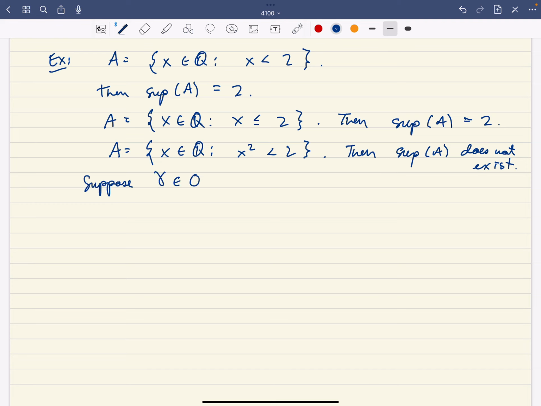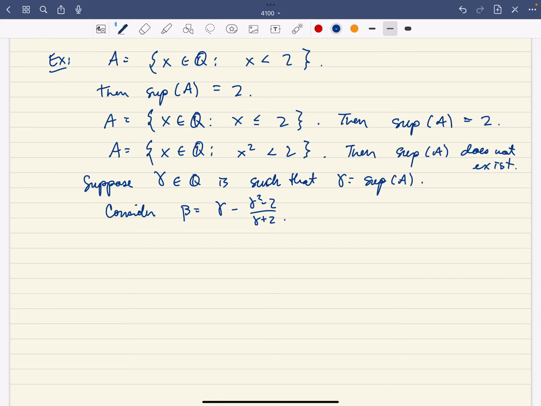gamma is the supremum of A. So let's say gamma is a supremum of this set and gamma is rational. Then what we could do is consider the number beta, which would be gamma minus gamma squared minus 2 over gamma plus 2.